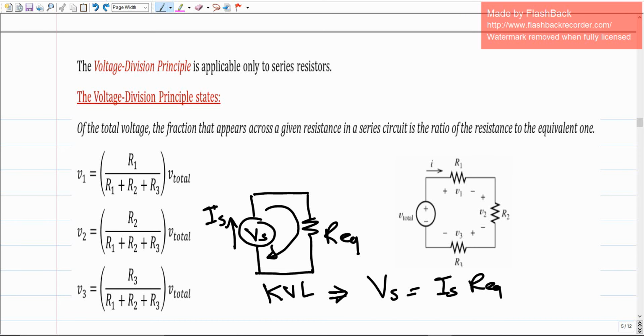Very simple. But how about if we have the original electrical circuit, not the simplified one? This is the simplified circuit for this one, for example. If our interest is not just to calculate Is or Vs, how about if we are also interested in the voltage over a resistance, or the current through one of the resistors of the original electrical circuit?